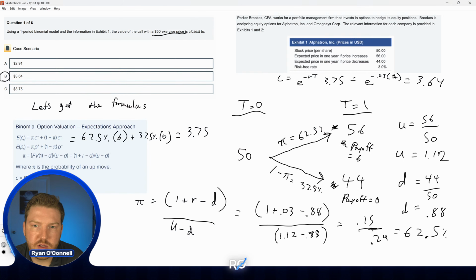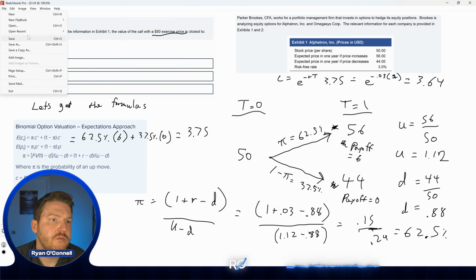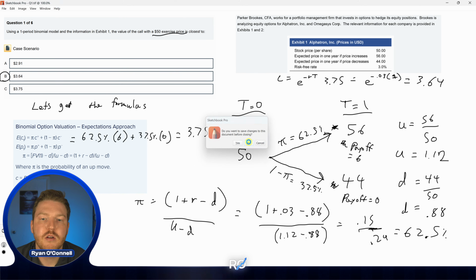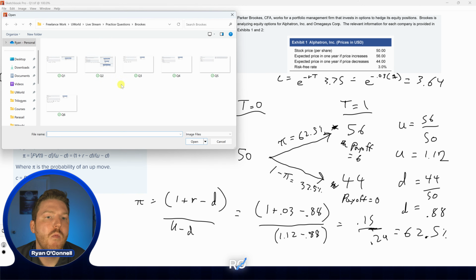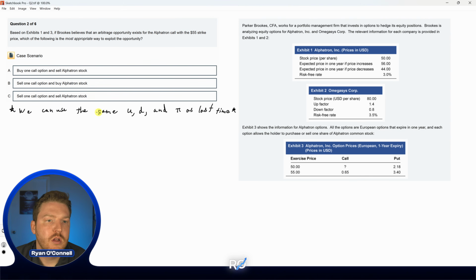I created something that we can pop over here for. Here we go. So basically the last time we created all these values in terms of the up factor and the down factor and the probability.